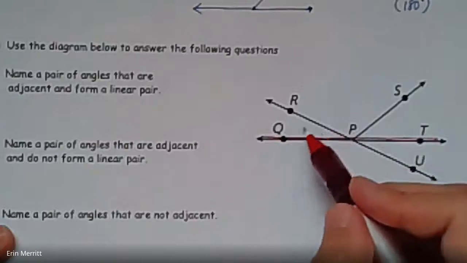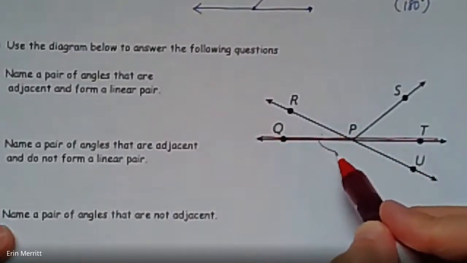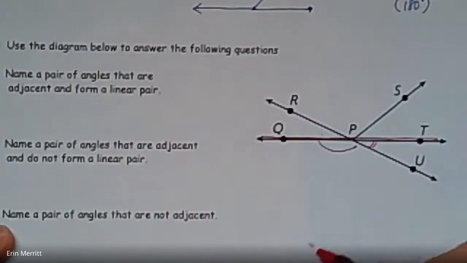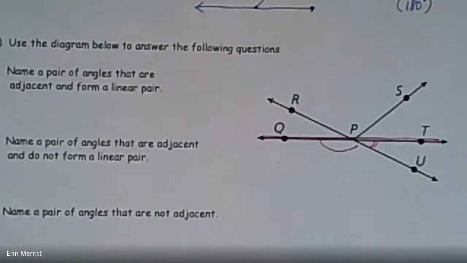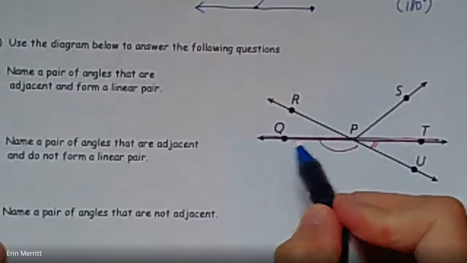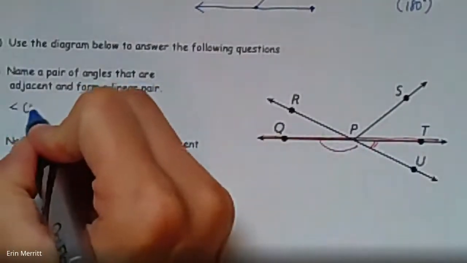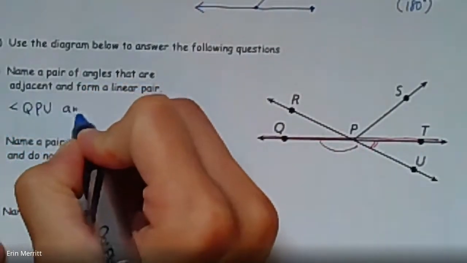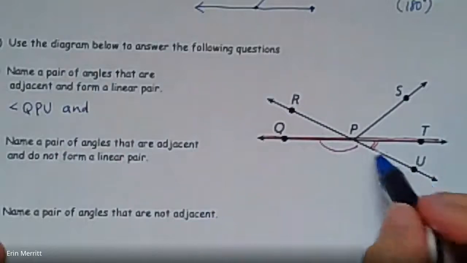So actually, instead of looking at the top, if I look at the bottom, this angle here and the one next to it together would form that straight line. So that's an example that we could use. So that would be QPU and angle UPT.